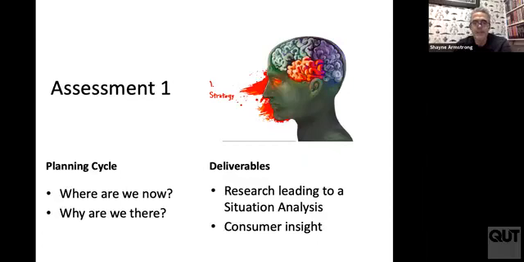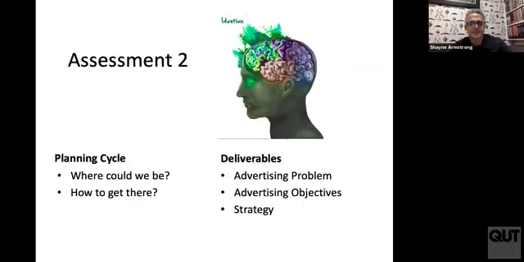We'll have a look at them in a second. And then you're going to provide some research leading to a situation analysis. And from that, you're also going to provide a consumer insight. So you're going to do some secondary research and some primary research. You'll generate a consumer insight. You'll rationalize and justify that consumer insight. And that's your assessment 1.